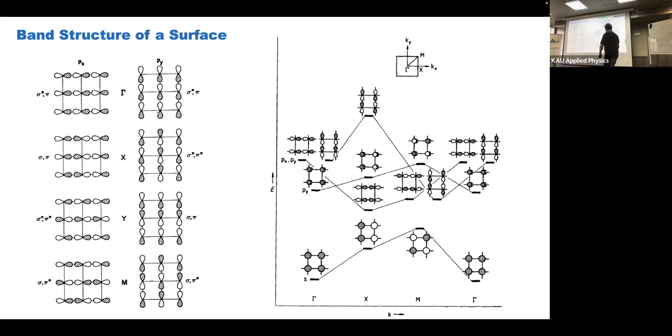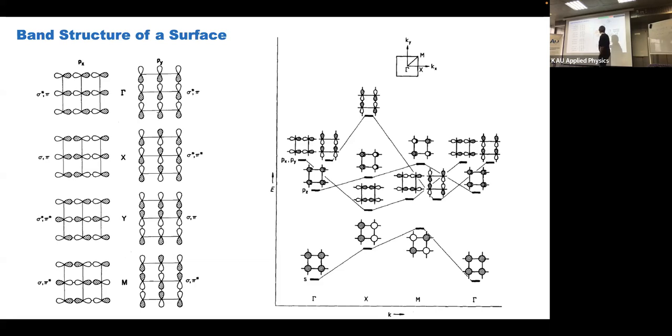So we have this gamma x m gamma for s orbitals, which I showed you on previous slides. This is our lowest energy orbitals. Then we have higher energy orbitals, and it will be slightly harder to understand what is going on. So here will be the gamma point.